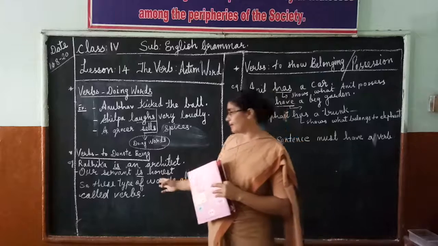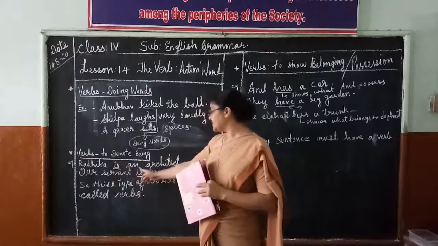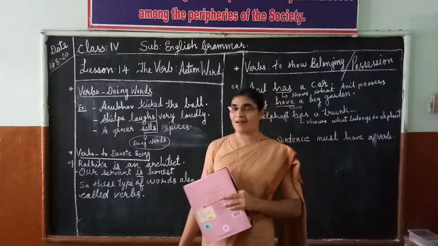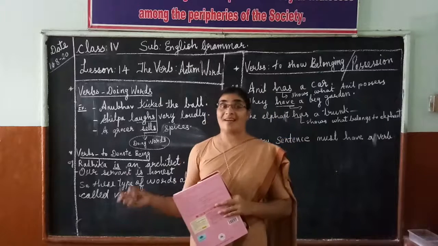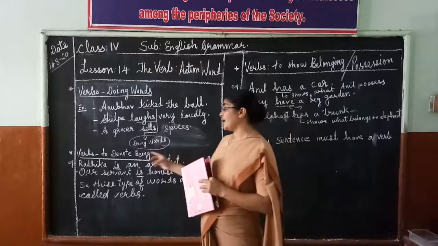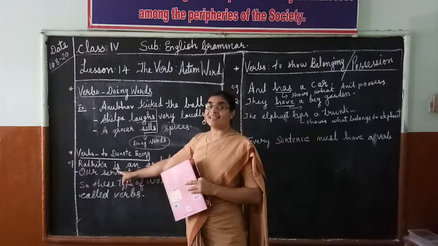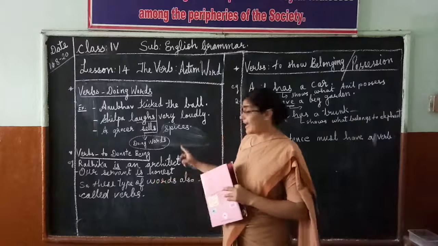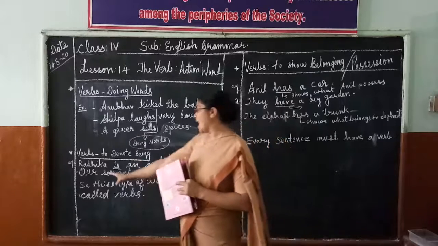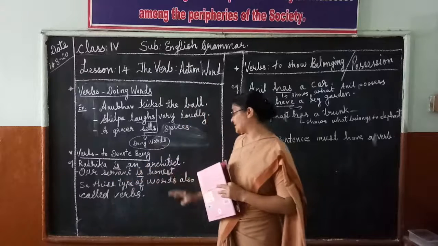Now look at the example here. Radhika is an architect. We are not saying what Radhika is doing, but only what she is. And another one, our servant is honest.